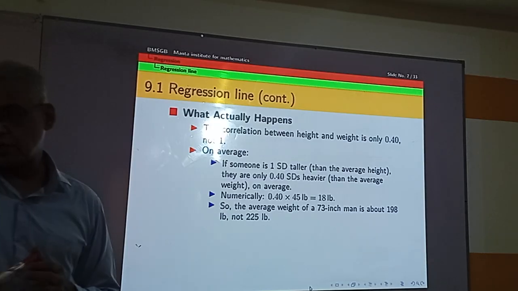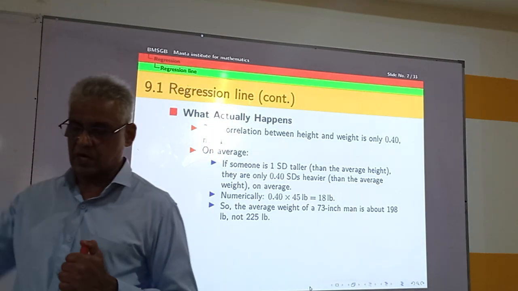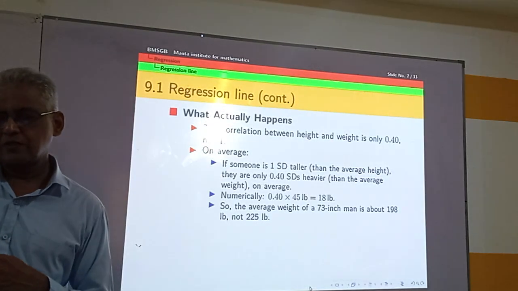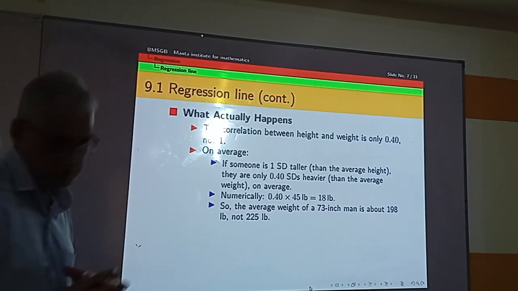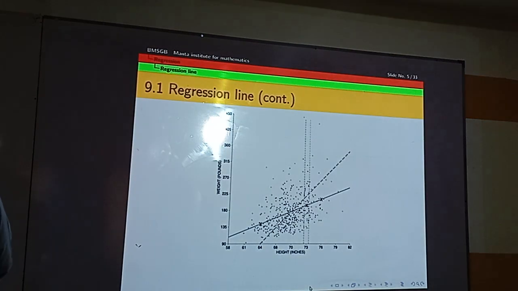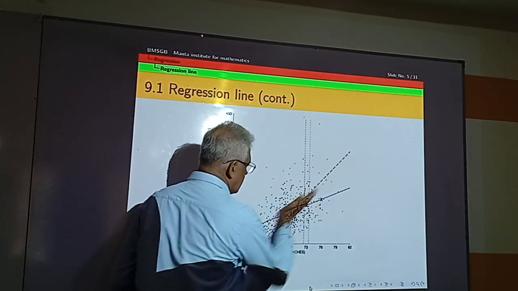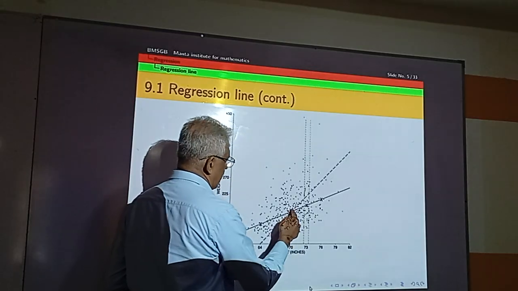If someone is 1 standard deviation taller than the average height, his weight is going to be only... actually what happens is, let me go to this graph. So if r was 1, all the points would be here, and this is the average height and average weight.